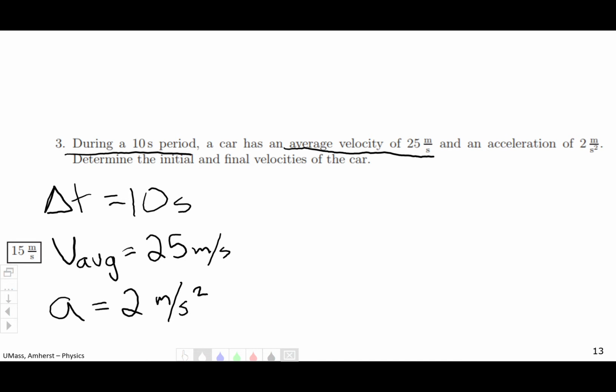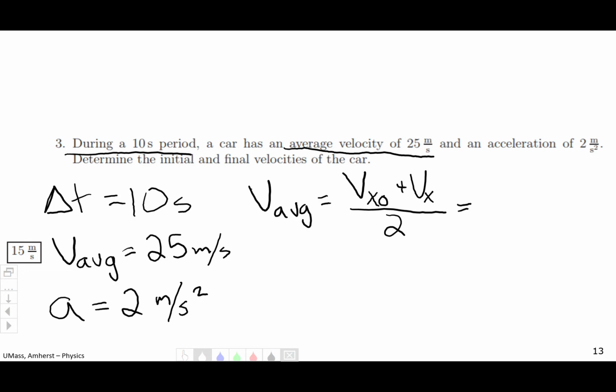So what we're going to do is identify the fact that V average is Vx0 plus Vx over 2. Okay, that's the average. You have two terms, add them together, divide by 2, that gives you a V average.